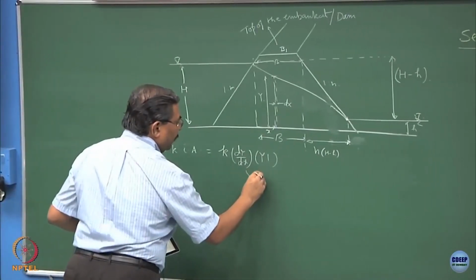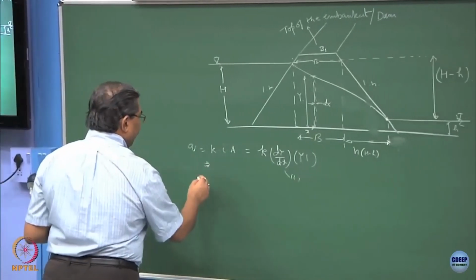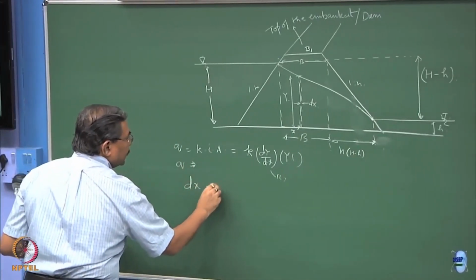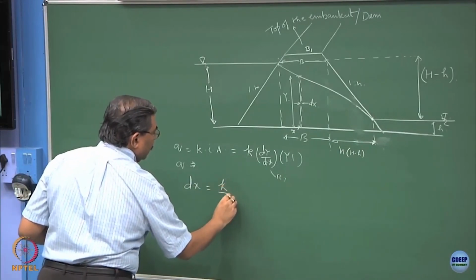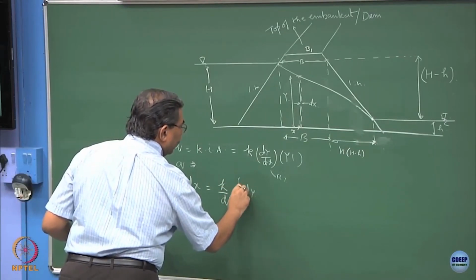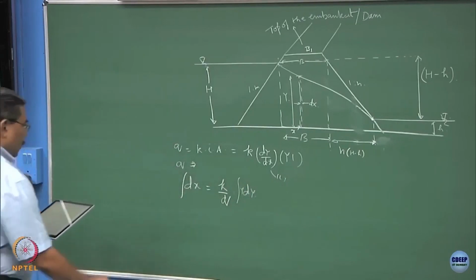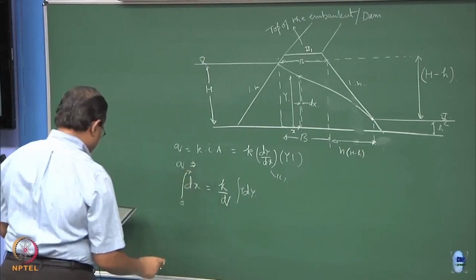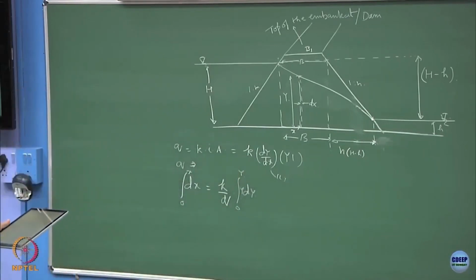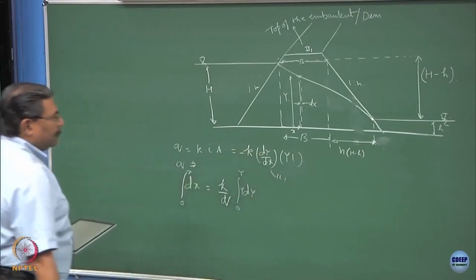This is the slope of the phreatic line, and if I integrate this function, I will be getting dx equal to k by q into y dy, with limits 0 to x and 0 to y. When I am writing dy by dx, please be careful with the sign, this will be minus.